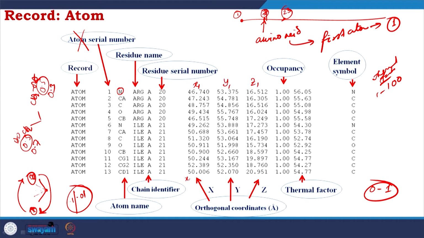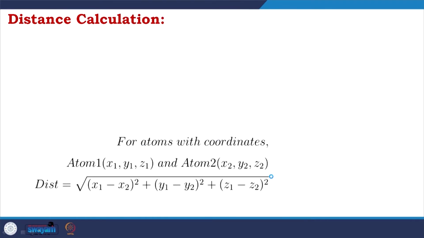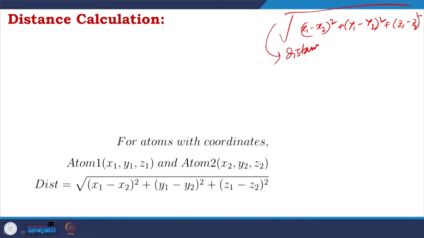This is x2, y2, z2. Then you get these values and you use this formula: x1 minus x2 whole square, plus y1 minus y2 whole square, plus z1 minus z2 whole square, all under the square root, and you get the distance.